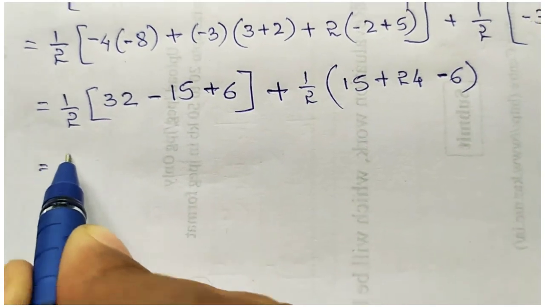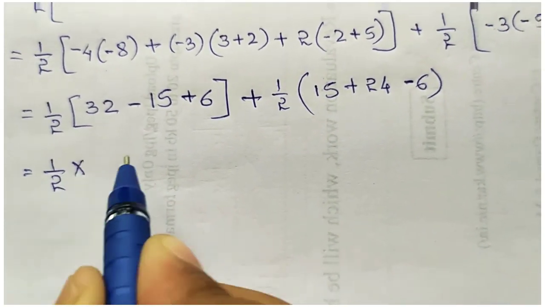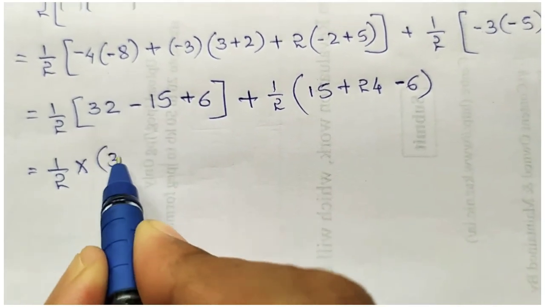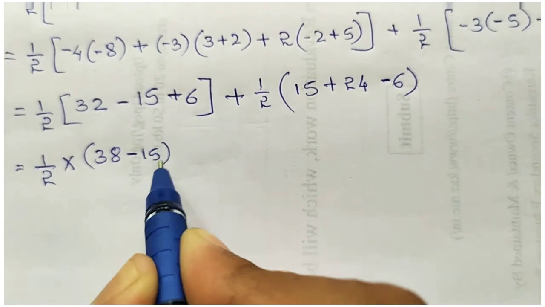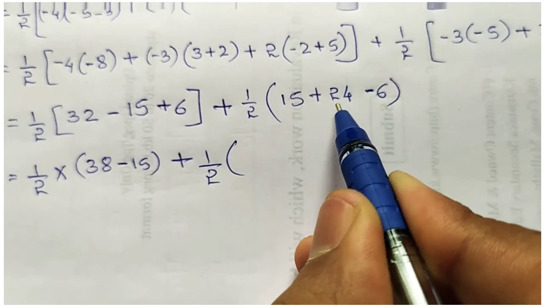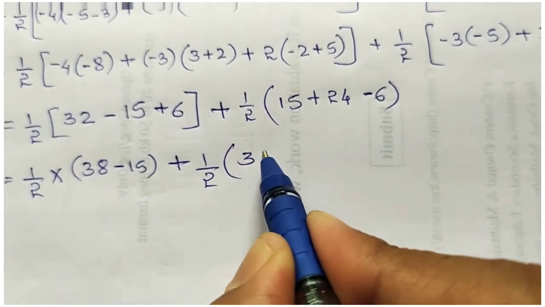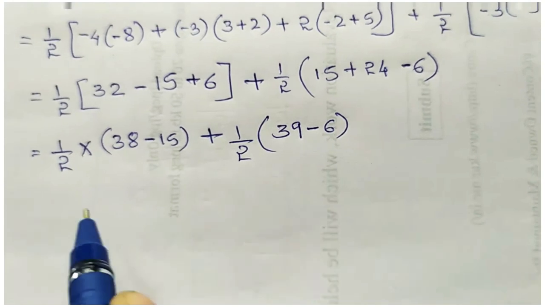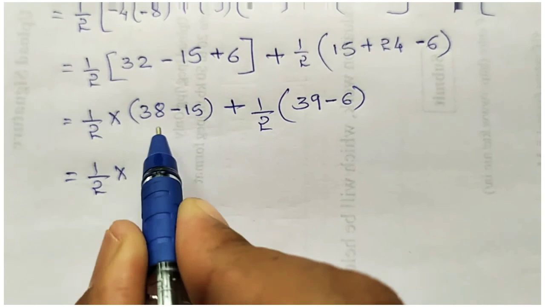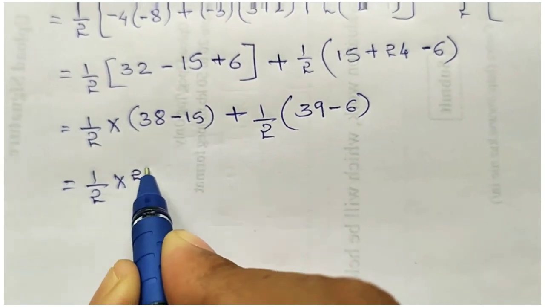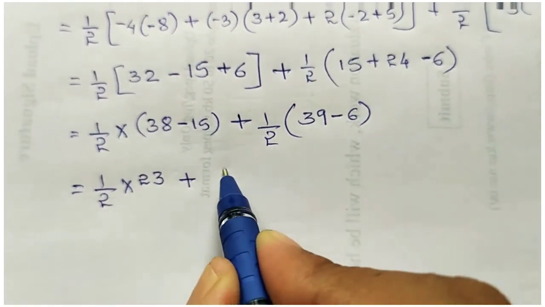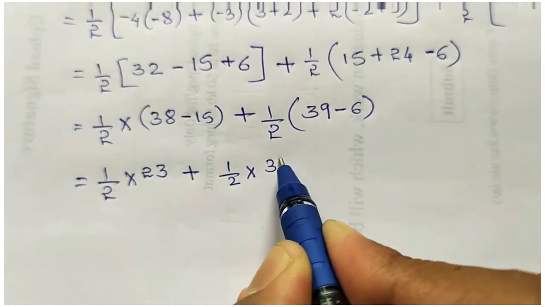So now 1 by 2 into 32 plus 6, it will be 38 minus 15, plus 1 by 2, 15 plus 24, it will be 39 minus 6. So here 1 by 2 into 38 minus 15, it will be 23, plus 39 minus 6, it will be 1 by 2 into 33.